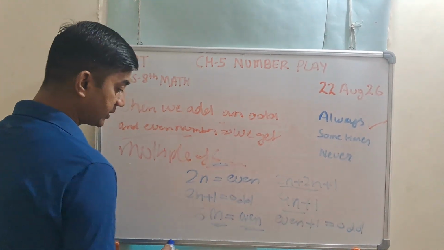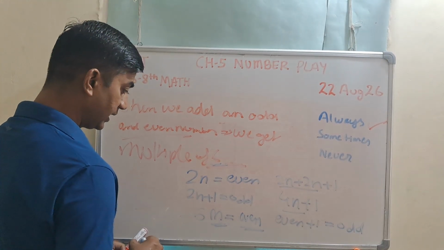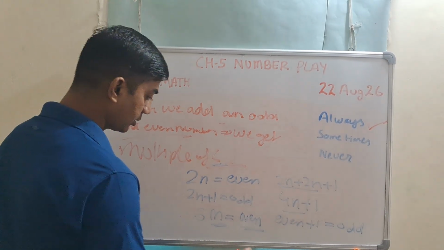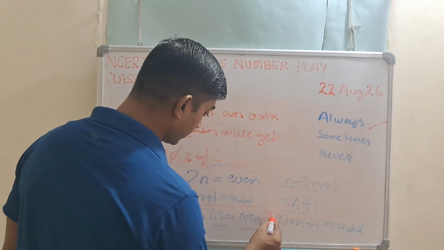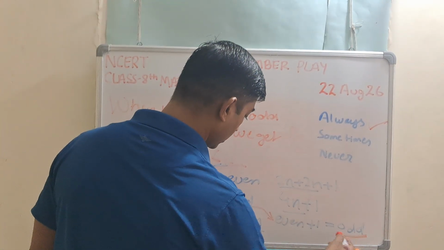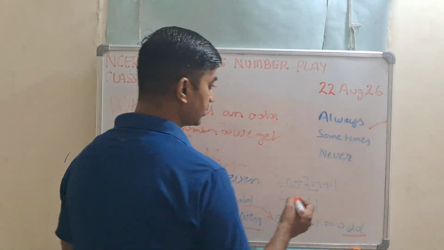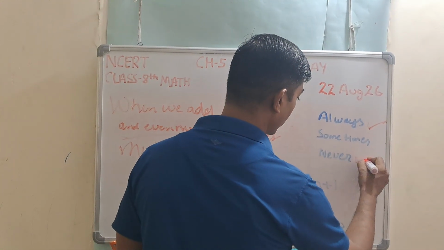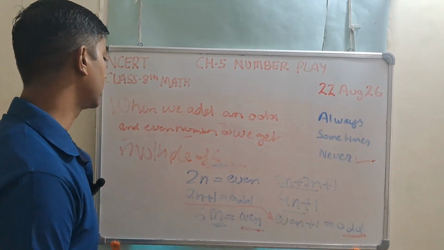What we have discussed is that 6m is always even, but this result is odd. An odd and even cannot be equal. So this statement cannot be true. This is the never statement. Understood?